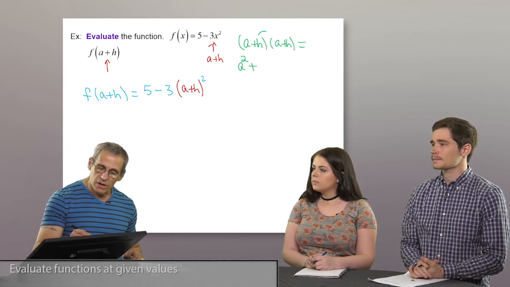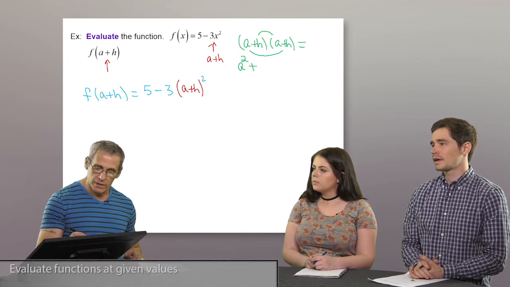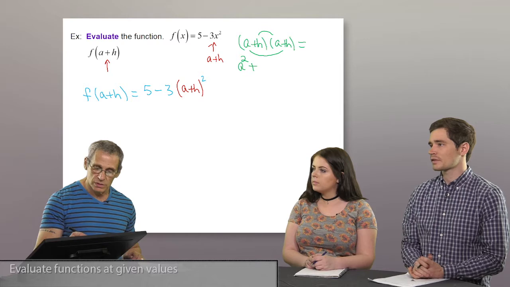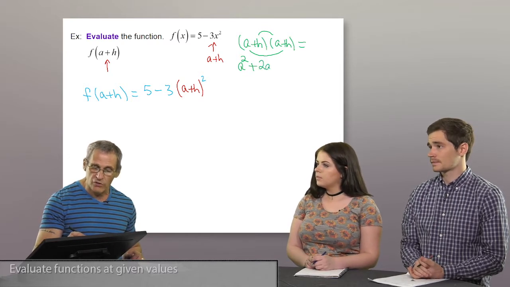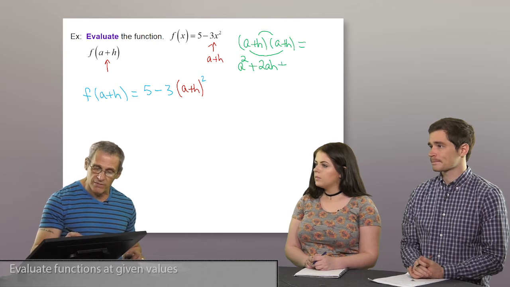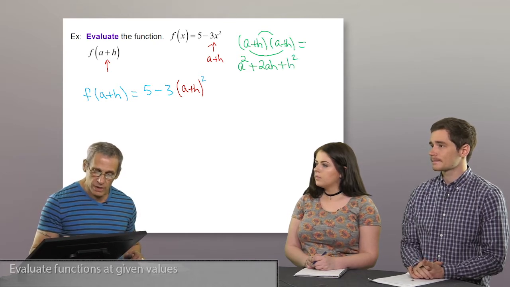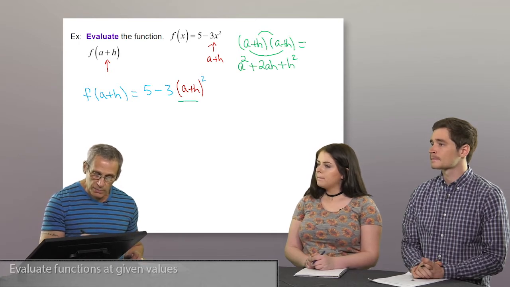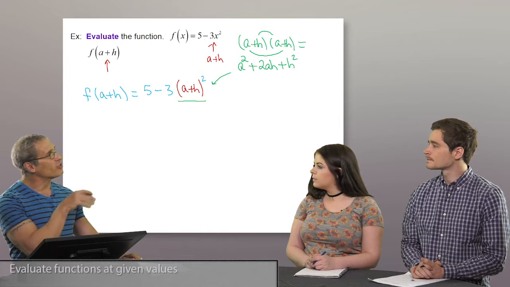If I multiply the inside terms and combine them, I get a times h plus a times h, which is 2ah. And if I multiply the very last terms, h squared. Very good. So I'm going to replace a plus h squared with a squared plus 2ah plus h squared.